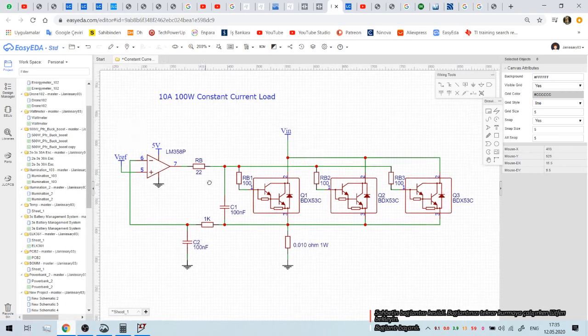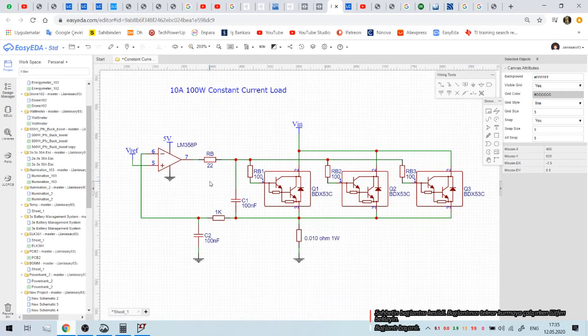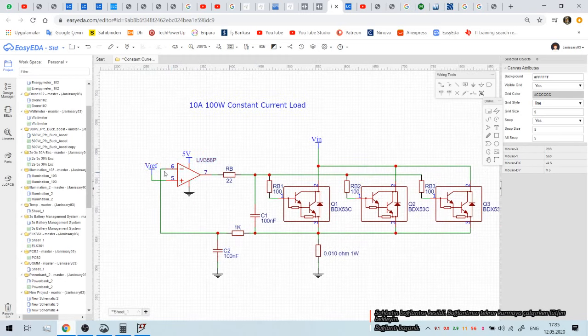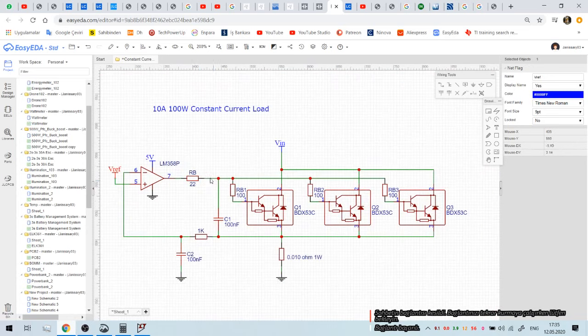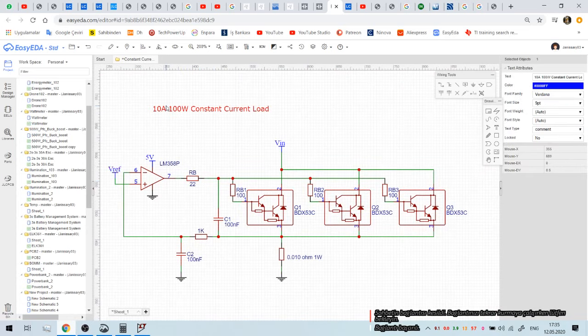And after this, yes. What is Vref? How can we adjust the current? This is 10 amp. 10 amp is the maximum rating. I want to use it from 0 to 1 amp.